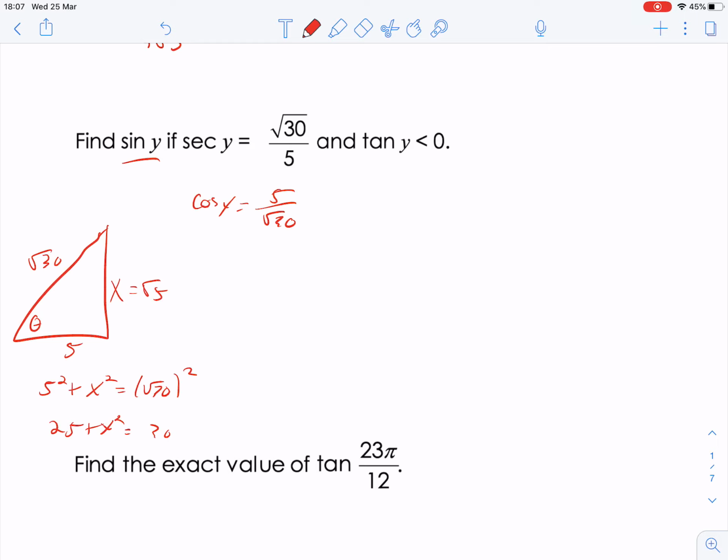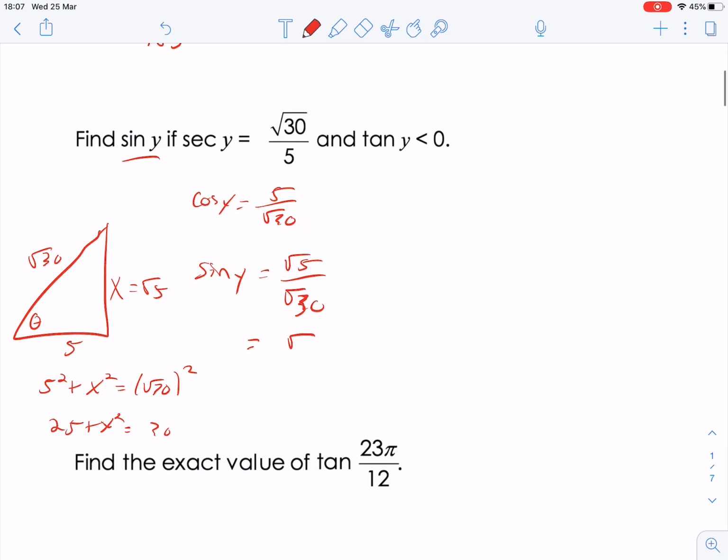All right, so that means sine of y is going to equal square root of 5 over square root of 30. Be careful. Well, let's simplify this first. So we get square root of 5 square roots of 30 all over 30. Oh, man. Simplify that, baby.